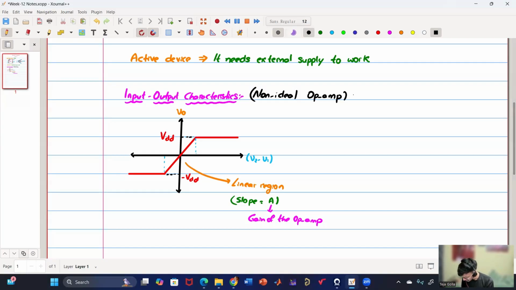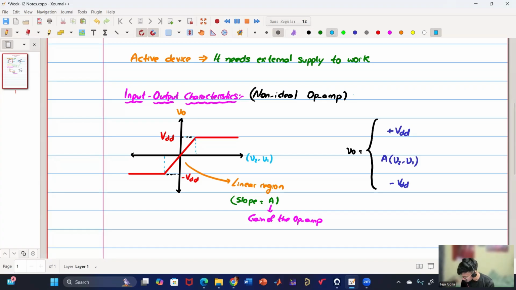So I can write something like this. It has basically three regions. Let me write V naught equals plus VDD, then A into V2 minus V1, and then minus VDD.